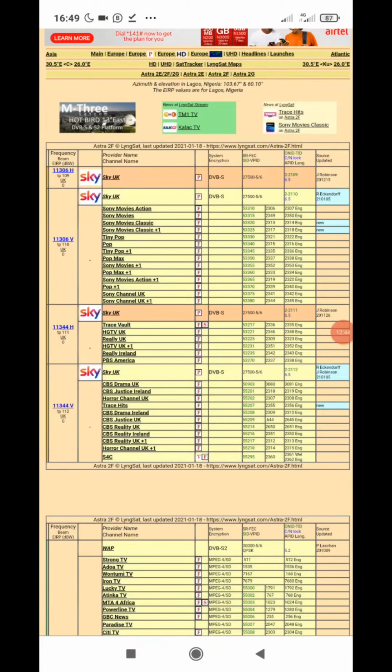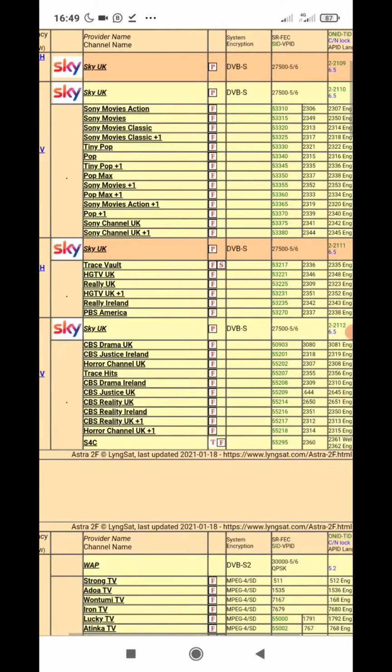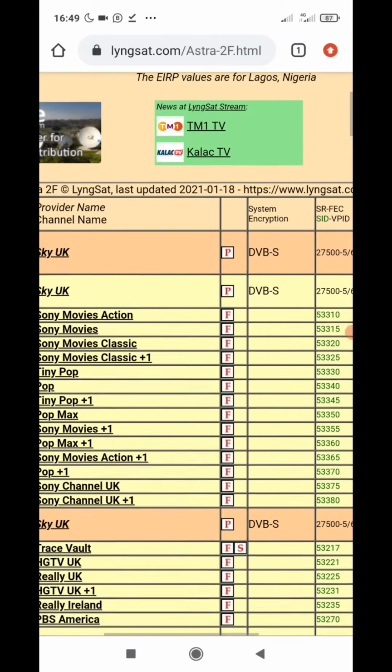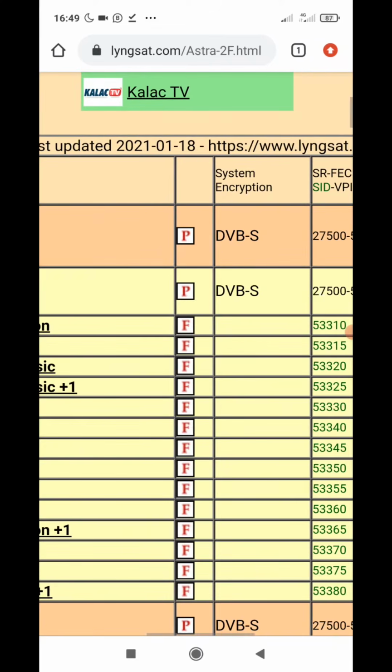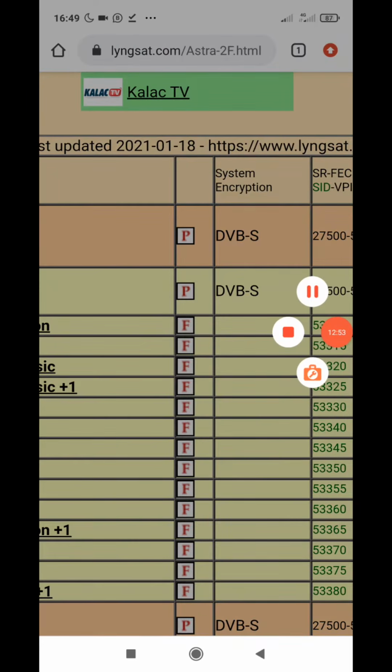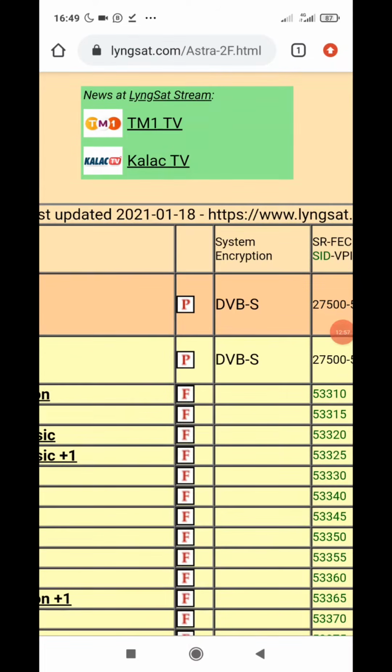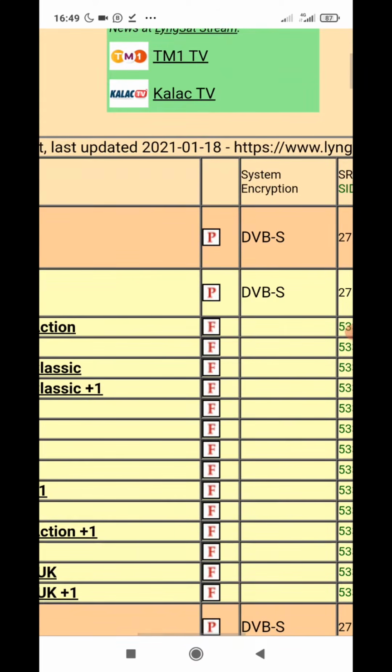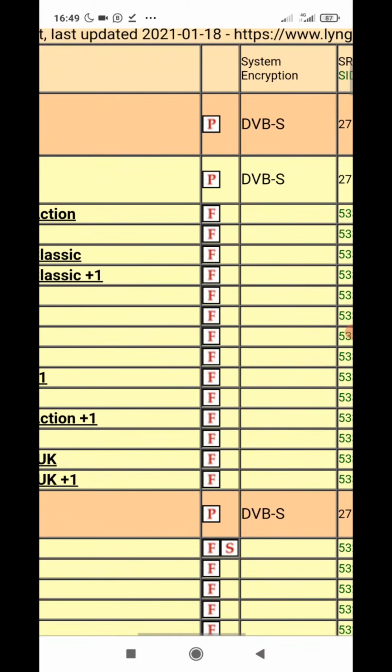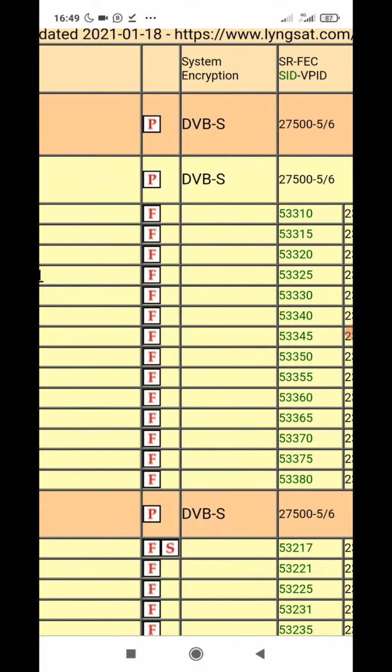Okay, on system and encryption, you can see from the top here, system and encryption. What they mean by system, it shows the type of decoder that you will be able to use to track that particular frequency.